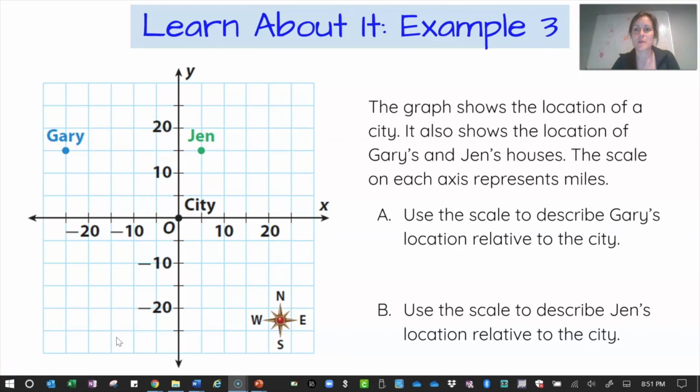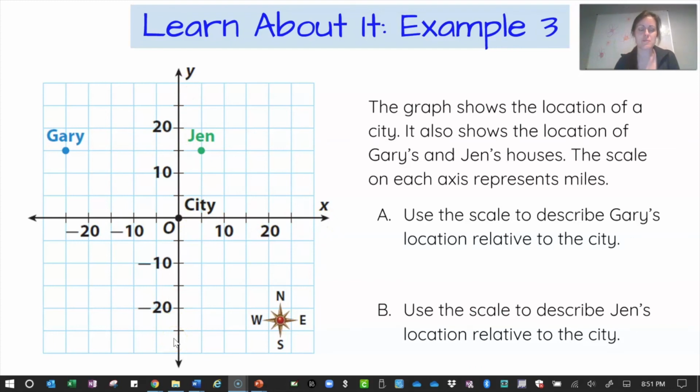In this last Learn About It example, we're going to be modeling a real-world situation. The graph shows the location of a city. So here's the city, and the city looks like it's on the origin. It also shows the location of Gary's house and Jen's house. The scale on each axis, so here's the x-axis, and the y-axis represents miles.